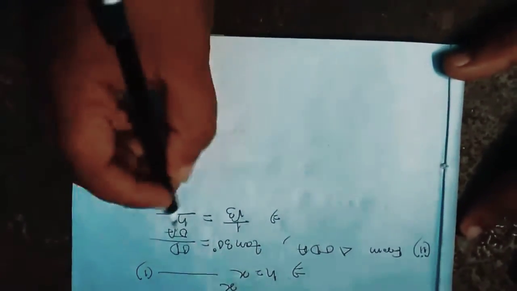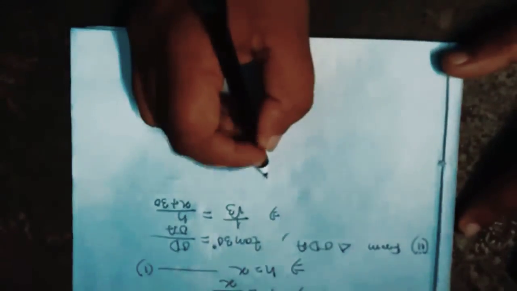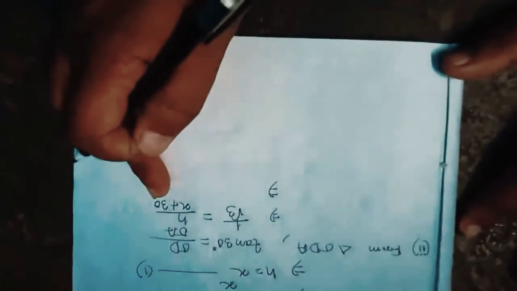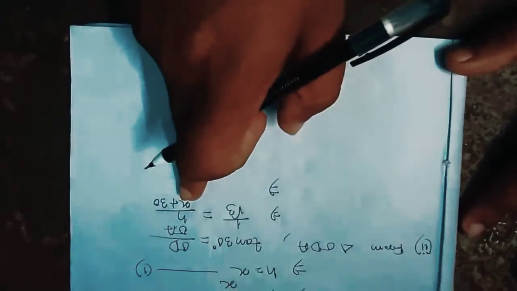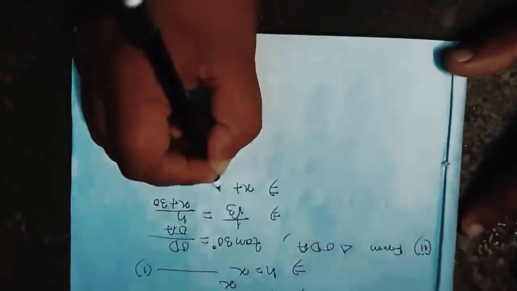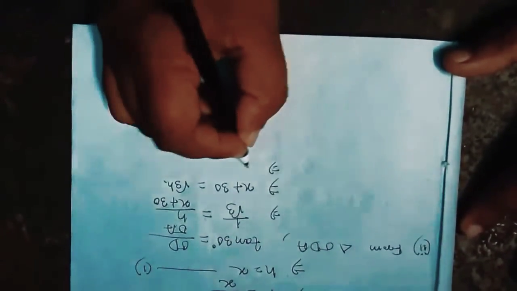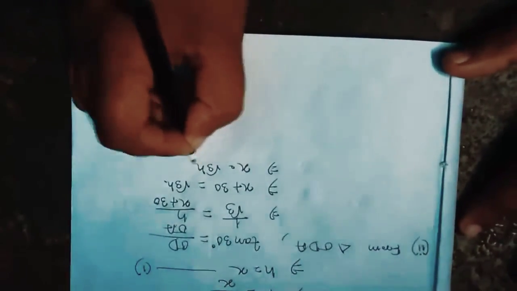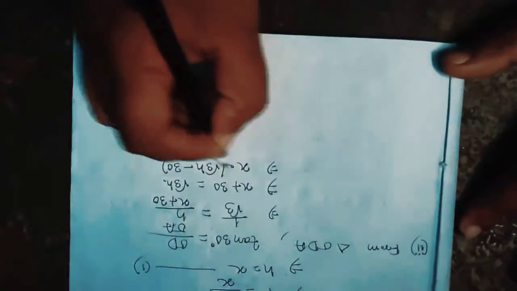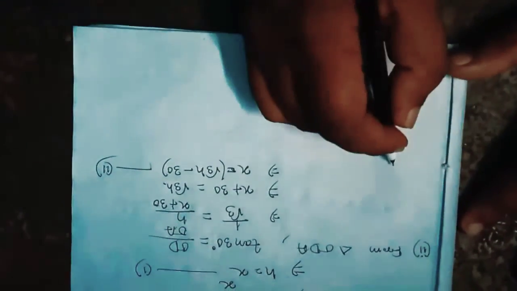What is OA? OA is OB plus BA, that is x plus 30. From here we can write that x plus 30 is equal to root 3 h, or x is equal to root 3 h minus 30. This is equation number 2.